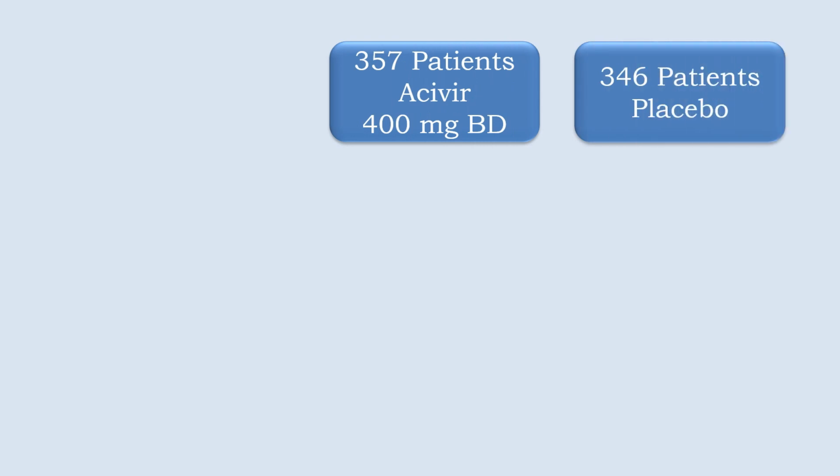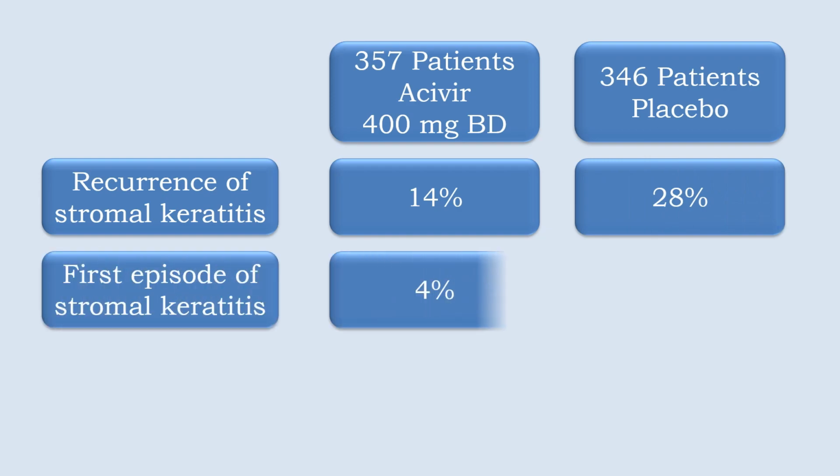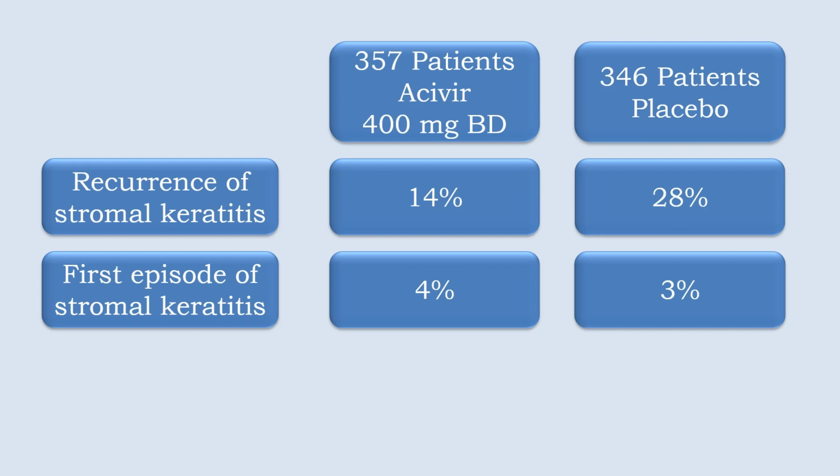It was seen that in comparison to placebo, oral acyclovir in 400 mg BD dose was able to reduce recurrence of stromal disease by 50%. However, this benefit was seen only in those who ever had a stromal disease. If we give it to someone who never had any stromal disease, then it did not have any benefit.